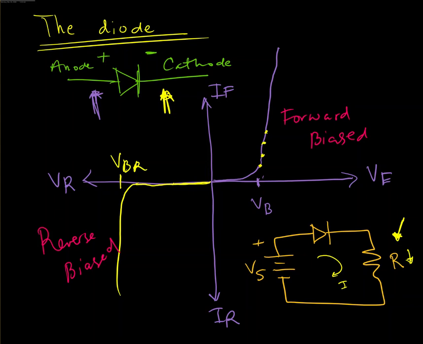That's an important consideration when you're using diodes, that you're going to want to have a resistor here, because without this resistance in the circuit, this current would be too high, and you could actually damage your diode. So you definitely want to have a resistor.